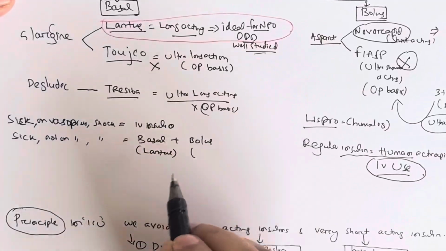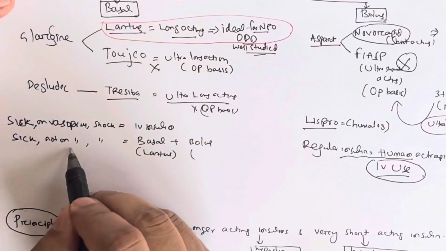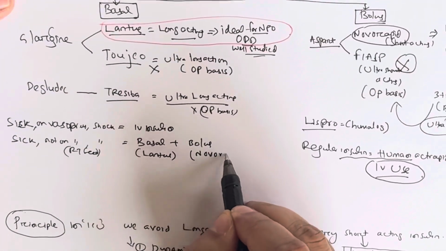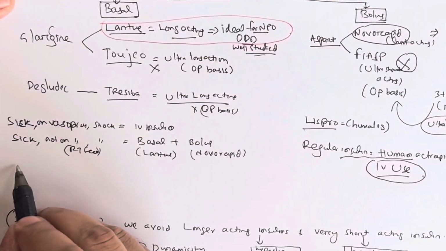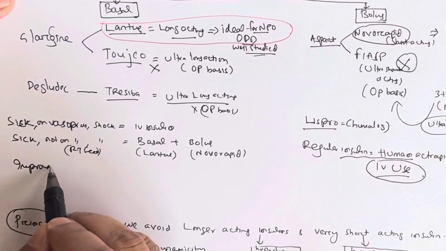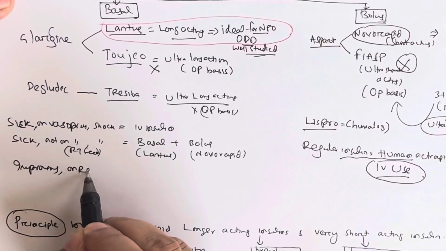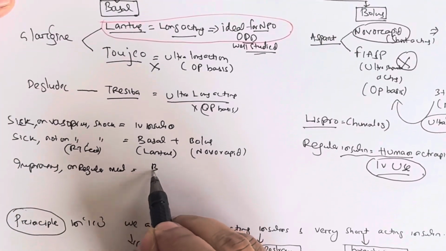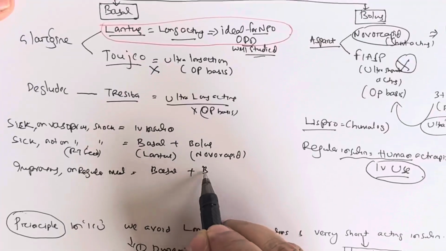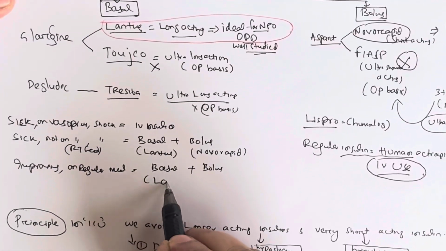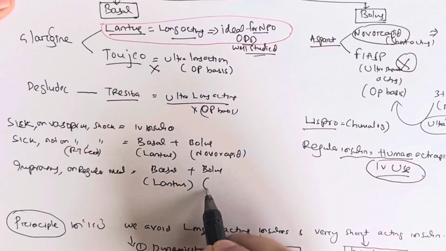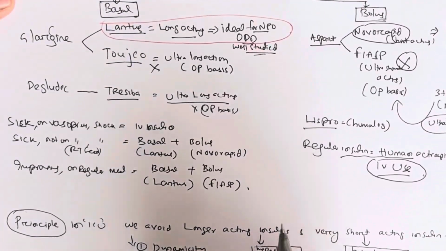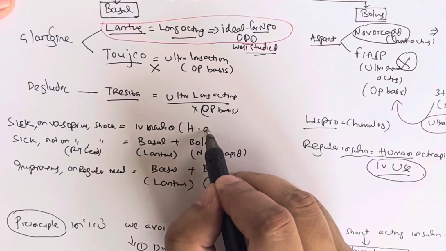In the bolus, because the patient is sick and on active feed, use Novorapid. Patient now improving, on regular meals 3 times a day: now use basal plus bolus. Here I prefer Lantus and Fiasp. Right? And IV insulin is human Actrapid.